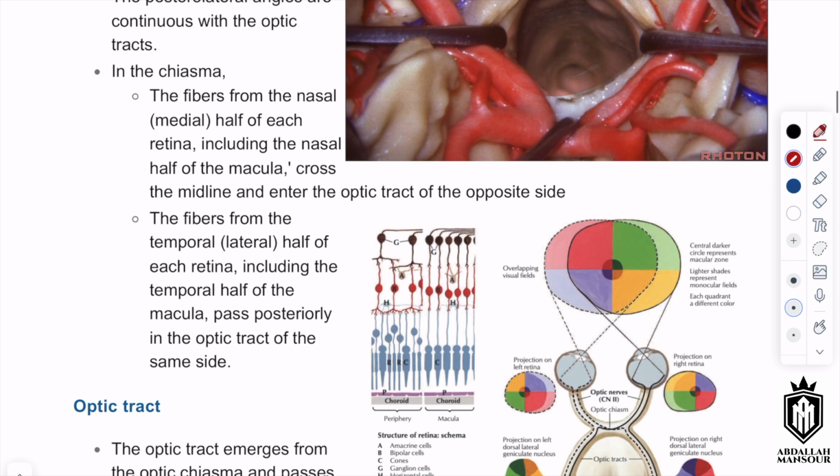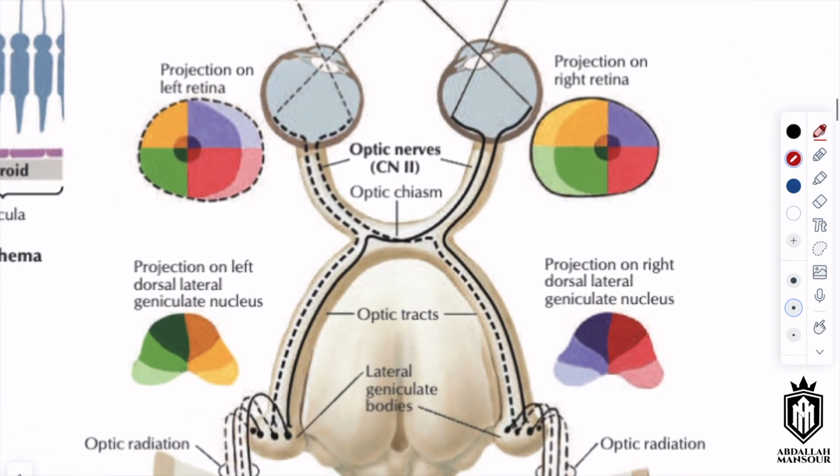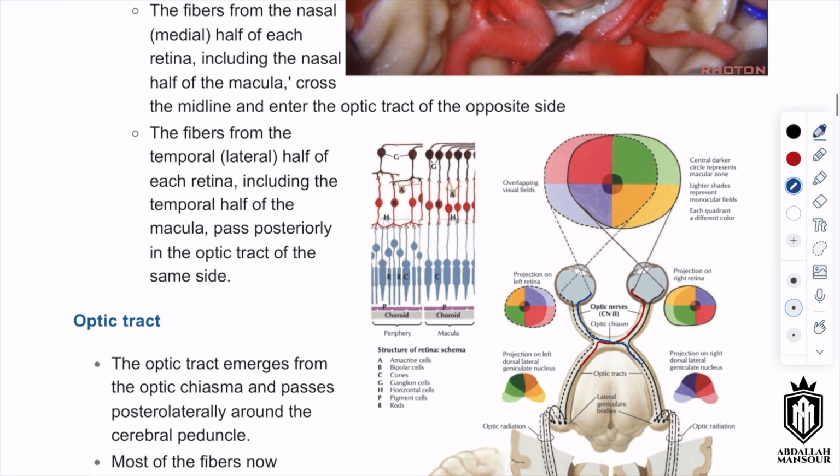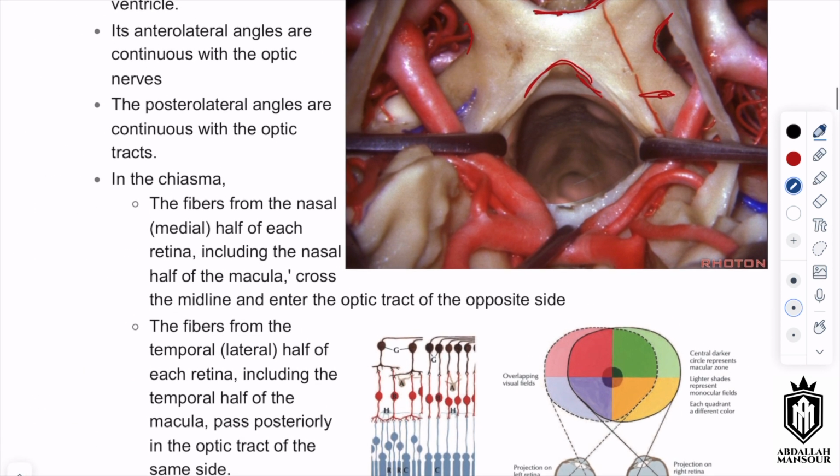And we talked about the crossing of fibers. You can see here as well, the fibers on the nasal side of the eye, on both sides, cross to the opposite direction. And the fibers on the temporal side don't really cross to the other side, but they continue in the same manner. Okay, so let's go back.